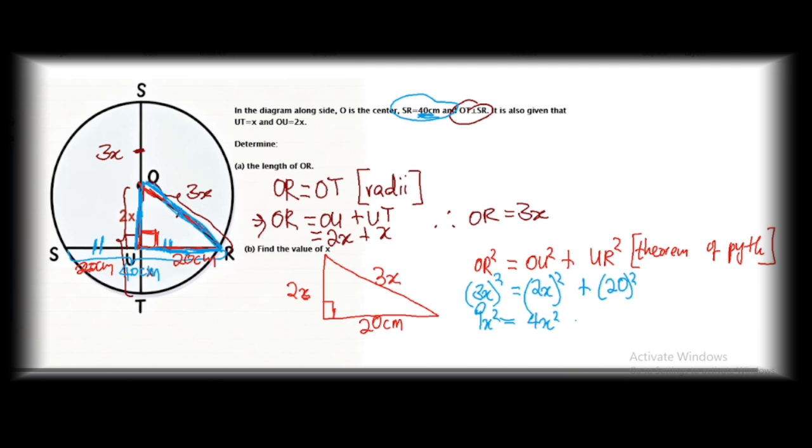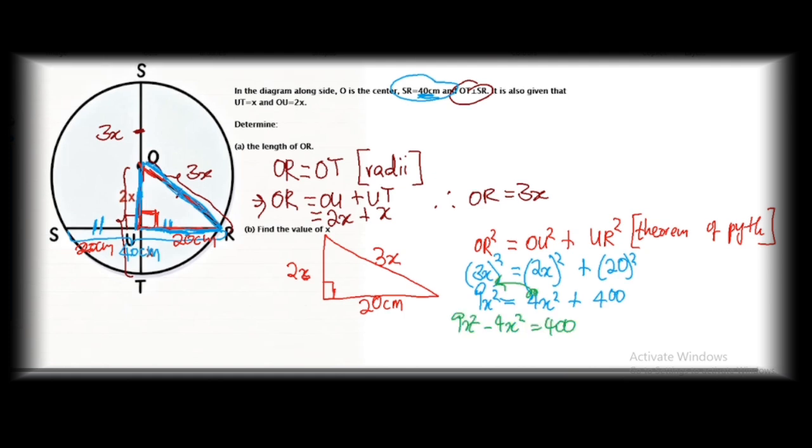Right? So now we are going to solve for x. We are going to take this 4x squared to the left hand side, giving us 9x squared minus 4x squared, which is equals to 400. And then 9 minus 4 gives us 5x squared, which is equals to 400.